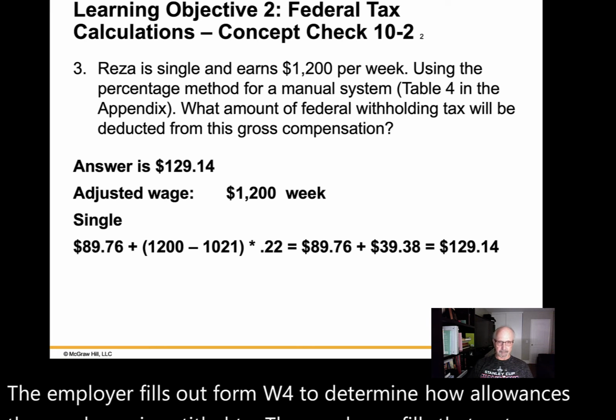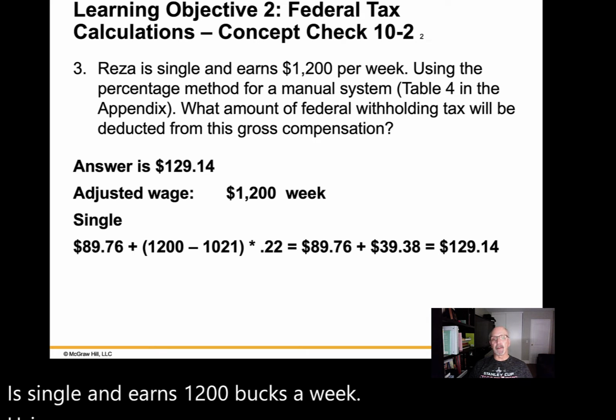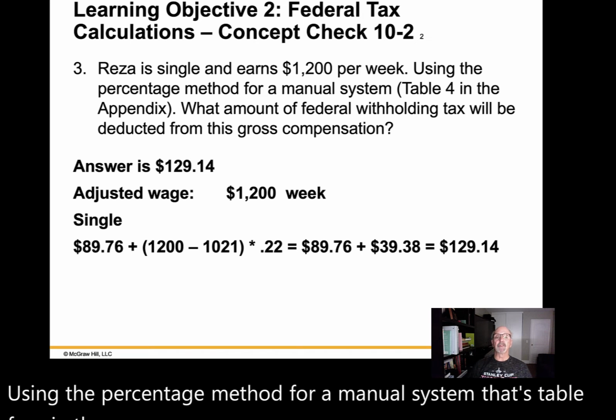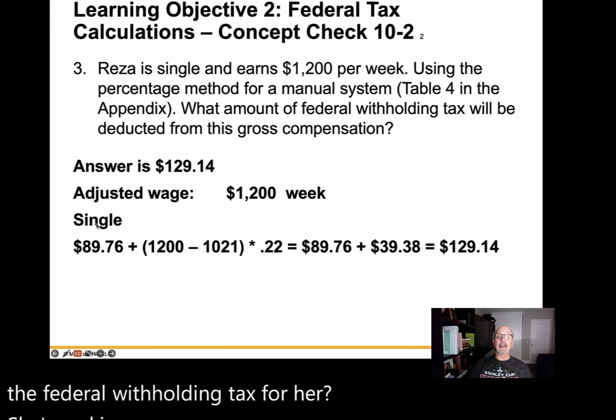Reza is single and earns $1,200 a week. Using the percentage method for a manual system, that's table 4 in the appendix at the end of the chapter, what is the federal withholding tax for her? Well, she's making $1,200 a week and she's single.